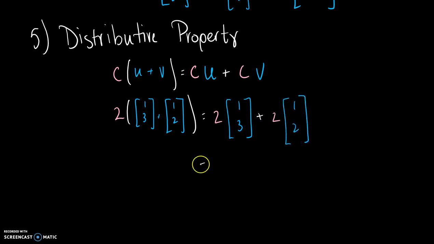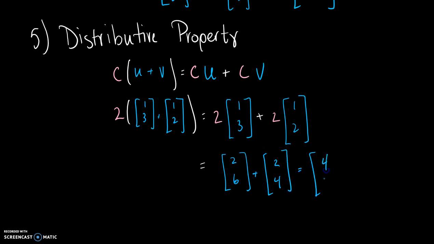What do we get with that? Alright, so we get (2, 6) plus (2, 4), and this is going to be equal to (4, 10).